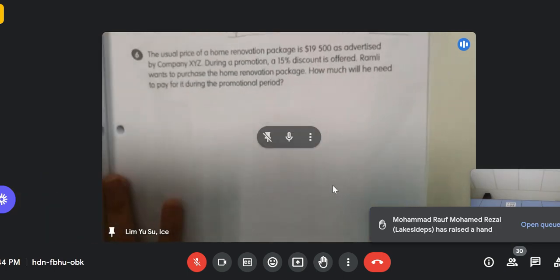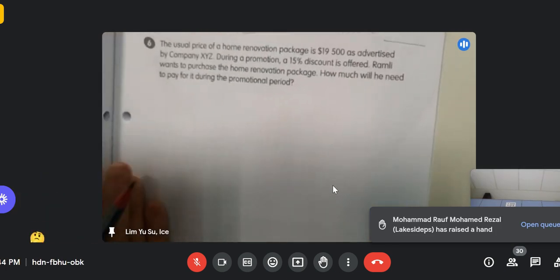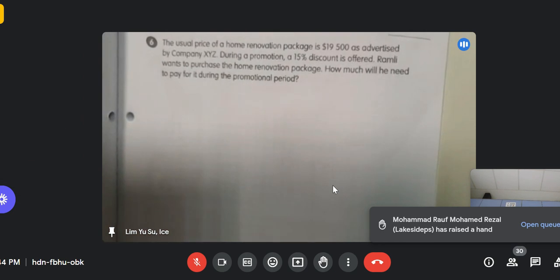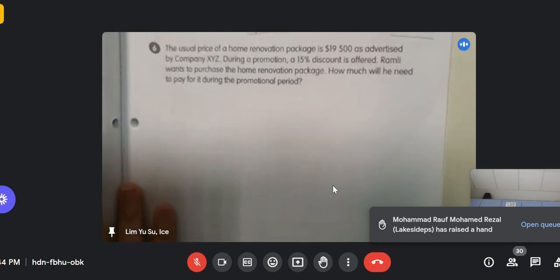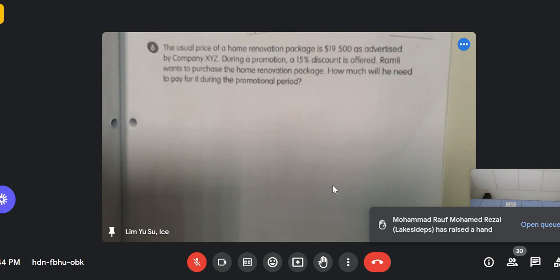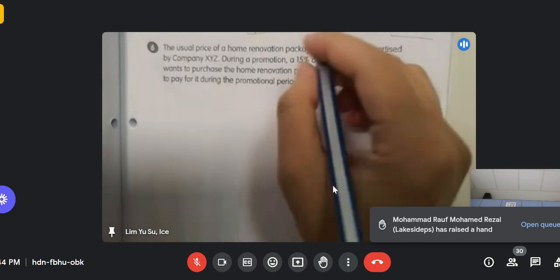Okay, the last question. After this last question, I'm going to assign another task for you. You have three options. So let's quickly go to this last one here. Can you tell me, is this GST, discount or interest? Discount, thank you very much.